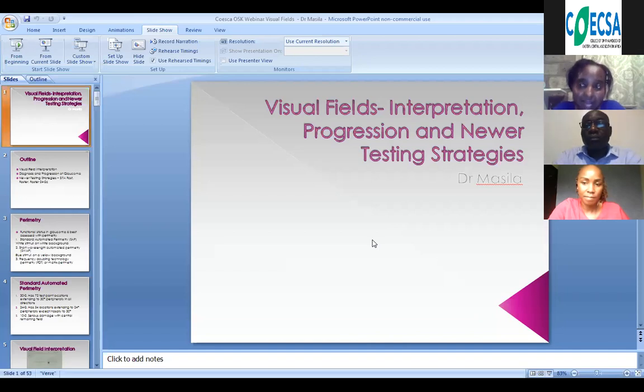The machine really tries to eliminate the effects that are not due to glaucoma in the pattern standard deviation. That's why it's common practice when people are interpreting fields that immediately they look at the reliability indices, they go to the pattern. But we have also learned there are a few cases where the pattern may not be the true picture, and we've given examples of those. But that's why people tend to go straight to pattern deviation.